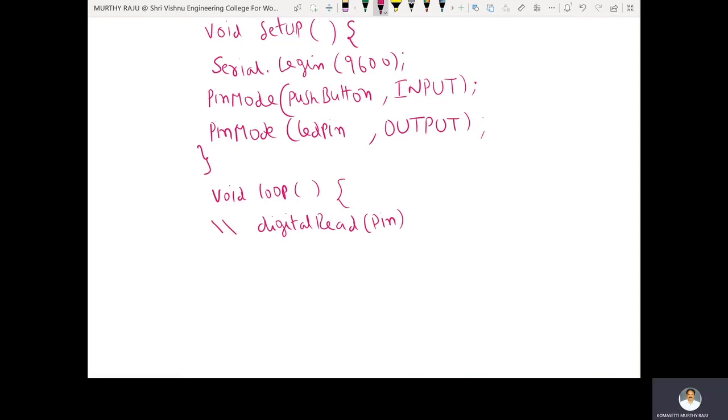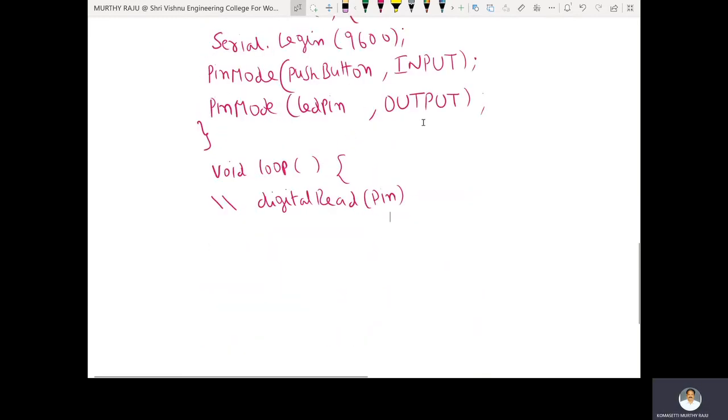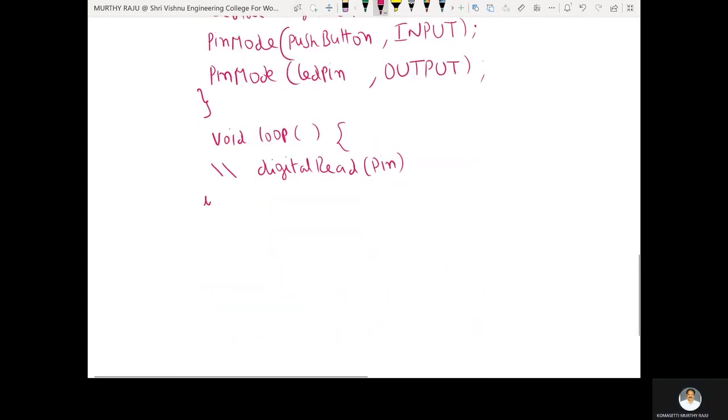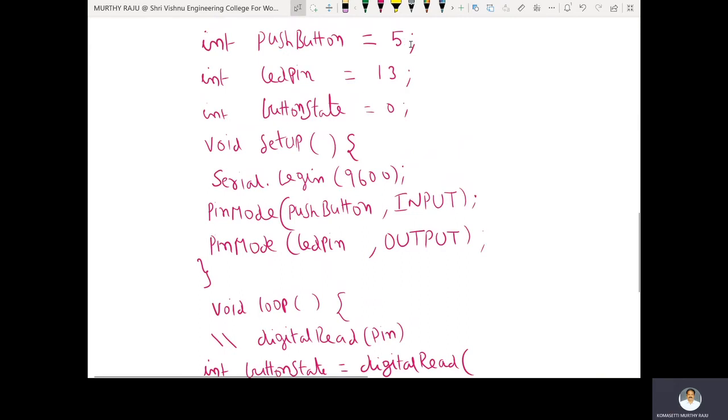Here button state. Here push button is equal to 5. Here we use one more parameter, integer button state. S is capital. We use a digital read. Digital read. Here in case of pin we use a push button. Here push button is 5.